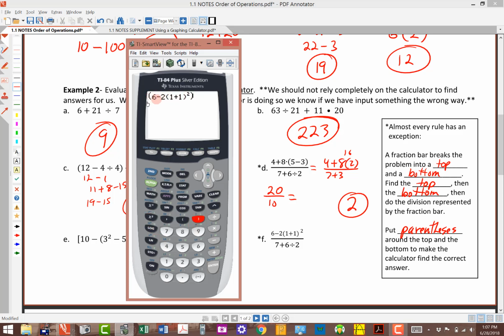So you'll notice that big set of parentheses encloses the entire top. We're going to hit divide, open a set of parentheses for the bottom, and then it's that same denominator we did before. It's going to be 7 plus 6 divided by 2. And we'll close the parentheses there, hit enter. And this one says the answer is negative 0.2.